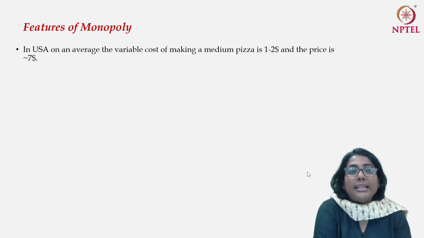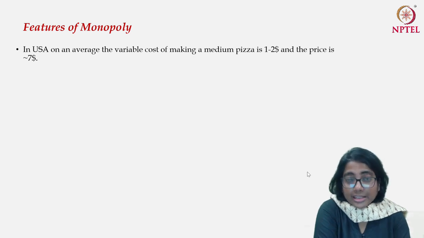Why is it the case? The reason is that there are very limited options in front of you. The number of producers or sellers of pizza is very limited in the market. Now, this kind of behavior you cannot expect from a vegetable vendor who is running a shop in a market. In the market, there are some 10, 12 vegetable vendors, and one cannot charge more than the other, because they know that the entire customer base will shift to the other supplier.